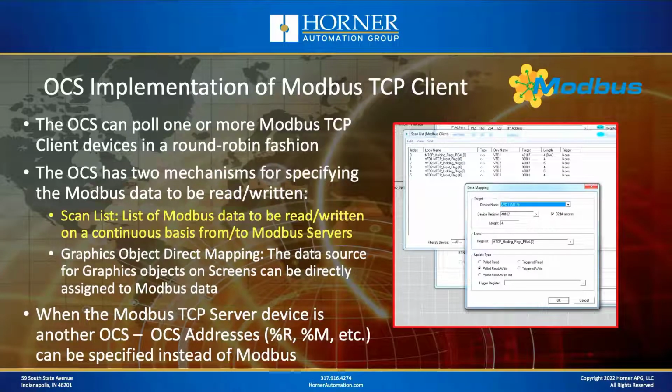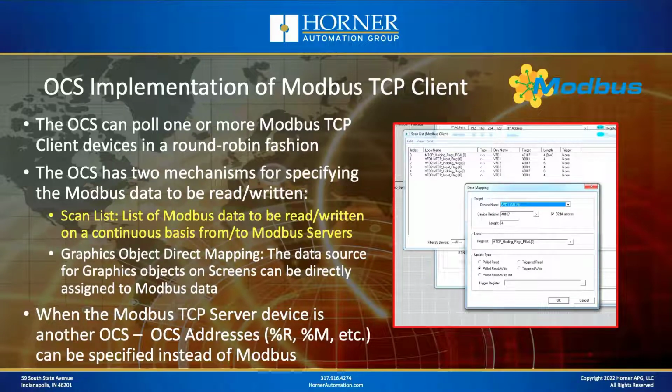Now, the implementation of Modbus TCP client in the OCS, there's a little more involved there. That's because the OCS is the one doing the polling when it's acting as the client, and it's polling other servers in a round-robin fashion. Now, there's a couple different ways in the OCS that you can specify the specific Modbus data that you want to read and write.